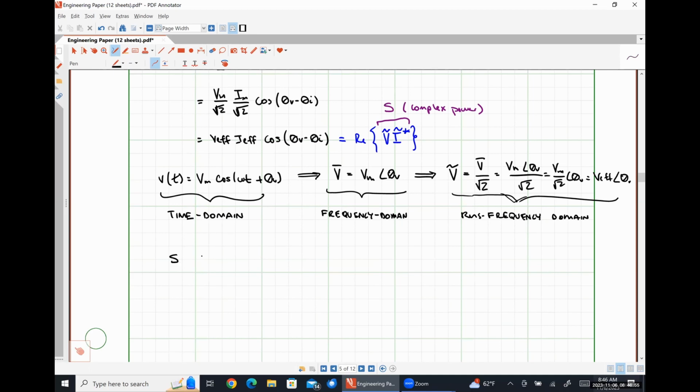So S, which is a complex number, is our complex power, and it is defined to be the RMS phasor voltage multiplied by the complex conjugate of the RMS phasor current.